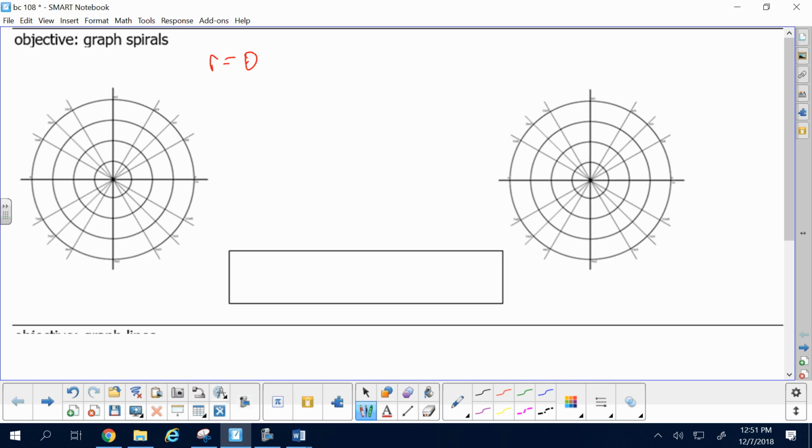r equals theta. Cool. r equals a theta is generally speaking a spiral. Let's say we went backwards.